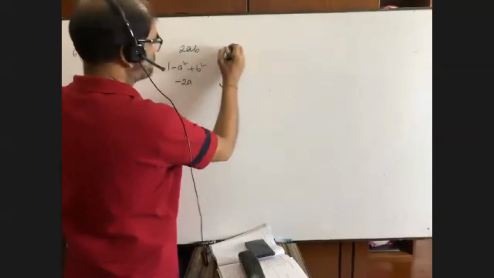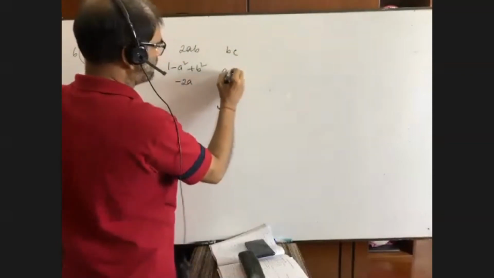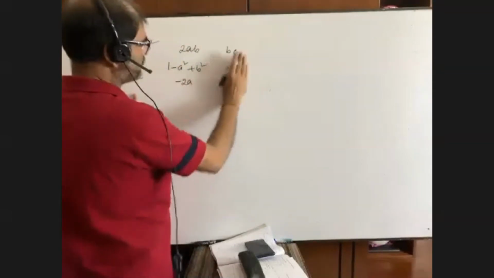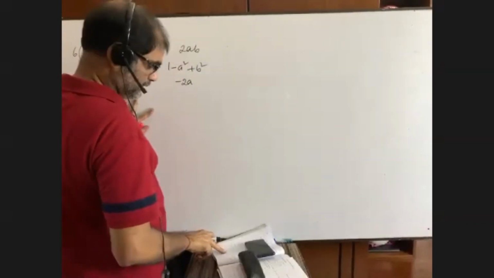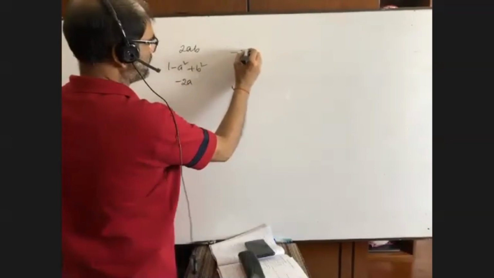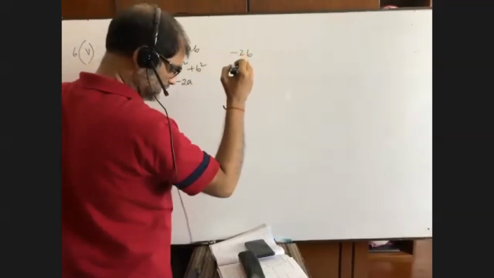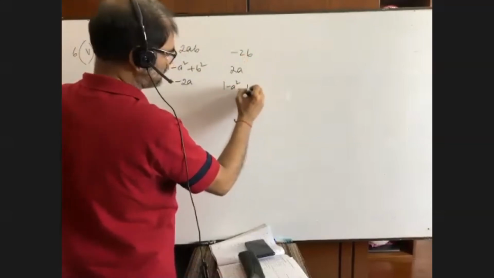Then it is minus 2a. Then it is minus 2b. Then it is 2a. Then it is 1 minus a square minus b square.